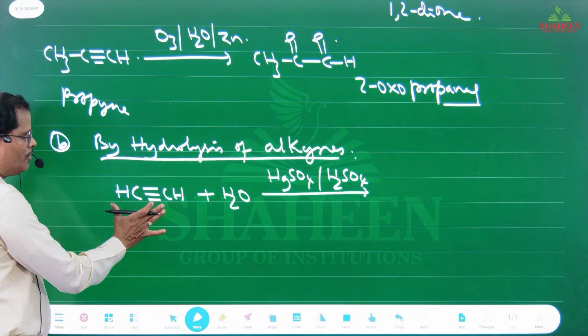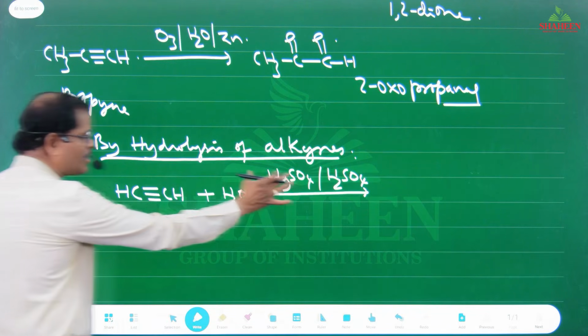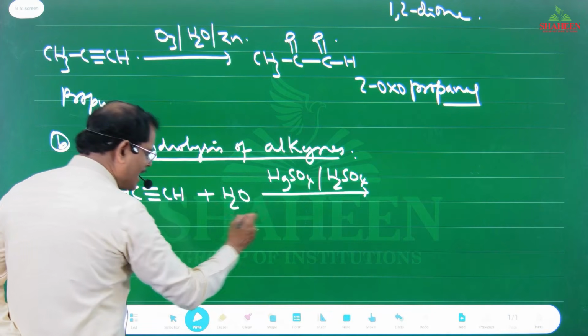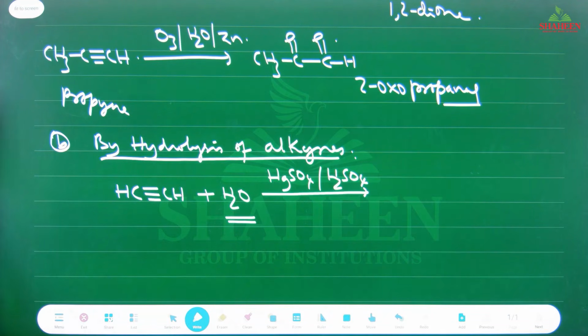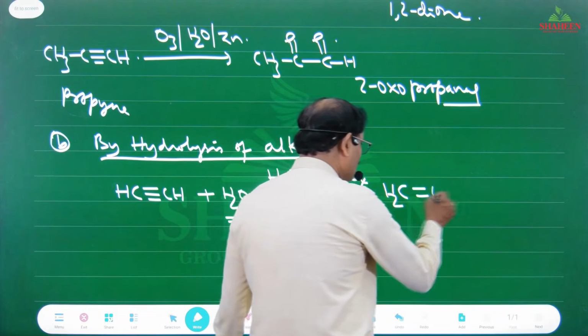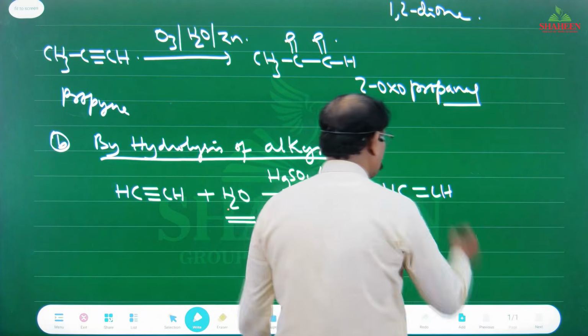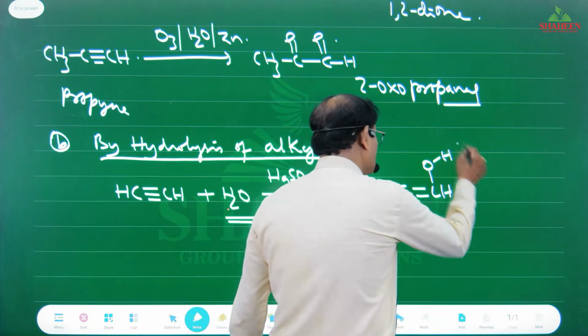When we write equations with alkynes using this reagent, you need to take addition of water. After addition of water, one of the carbon atoms is added with hydrogen, and the other carbon atom is added with a hydroxy group.